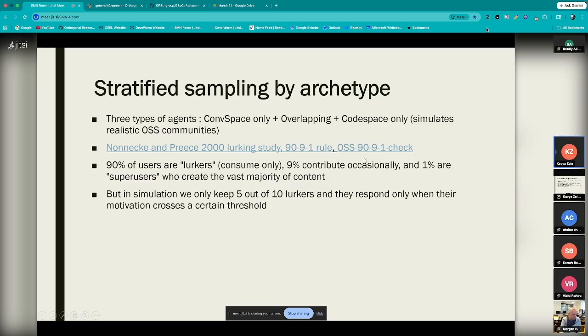They have validated that although it's not exactly 90-9-1, it's more or less similar, like 87, 5 and 2. So 90% of the users are basically the lurkers who just come and chat very limitedly, 9% are people who actually contribute a little, and 1% are the super users.